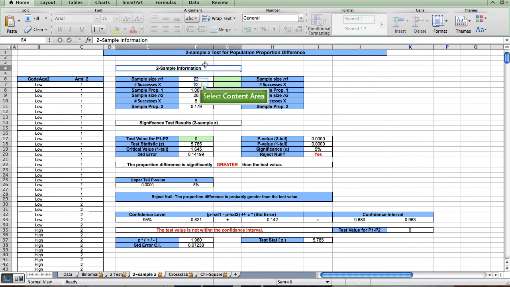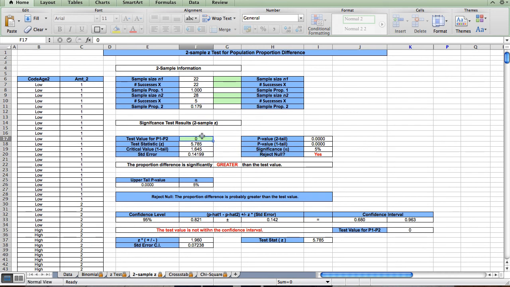Our sample information shows us that the high age cardholders, 22 out of 22, or 100% of the time, spend in category 2. The younger cardholders only do that 17.9% of the time.